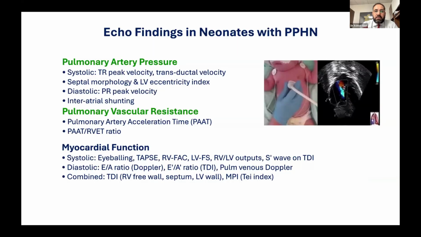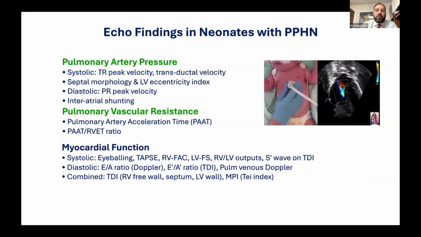So echo, as you clearly mentioned, is very important, and now it's handy and comes in different ways. It's integrated in POCUS, or even handheld probes are available. So it's very important to have echo to help us diagnose these conditions. And we have to evaluate the pulmonary artery pressure and the vascular resistance, looking at all these parameters.